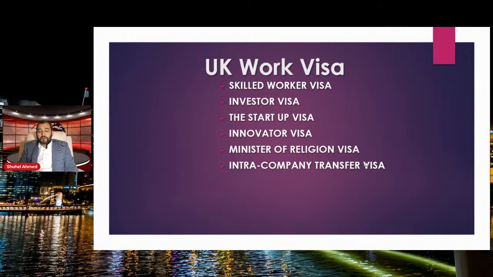And then the intra-company transfer visa: if a company runs its business in the UK and the main branch is outside the UK, they can send their employee under the intra-company transfer visa. Sportsperson visa is again a Tier 2 visa. So if anyone wants to come to the UK, and a club in the UK, whether a football club, a cricket club, or any other sporting club, sponsors them, they can come to the UK on a sportsperson visa.